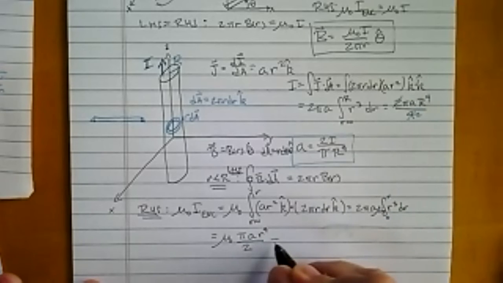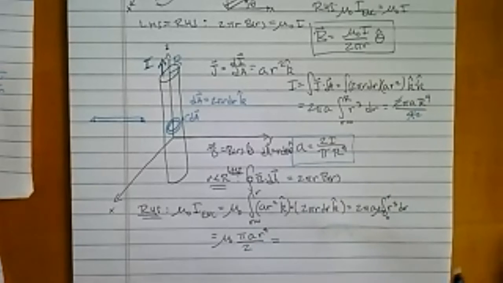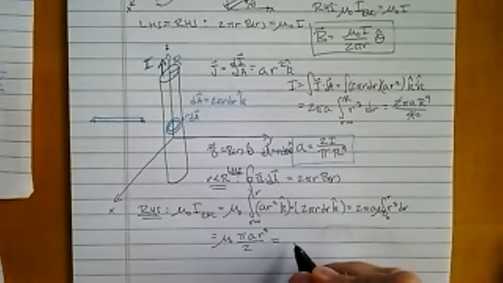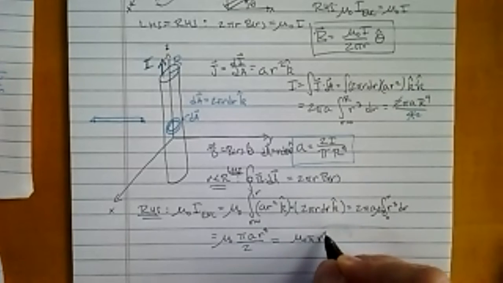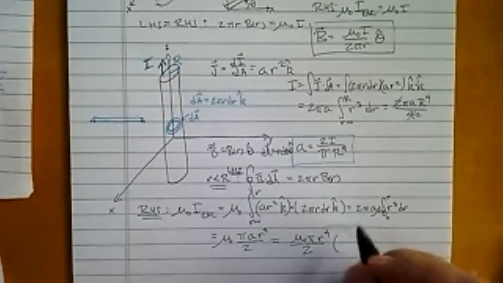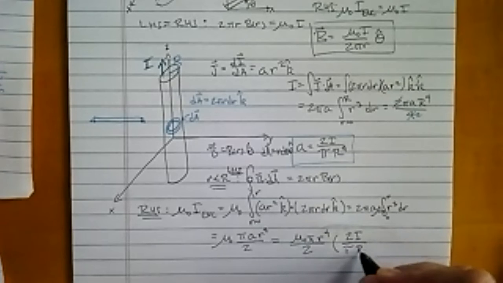But I really want it in terms of the current, so it can look like that mu 0 I over 2 pi r that we got before. So I'm going to substitute my value of a in there. So let's write it this way. I'll say mu 0 pi r to the 4th over 2, and now times a, which we found was 2I over pi big R to the 4th.